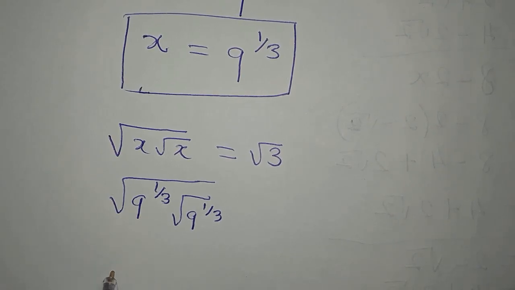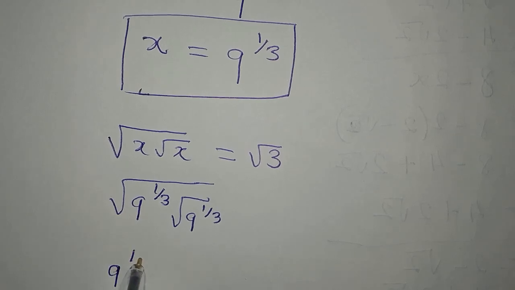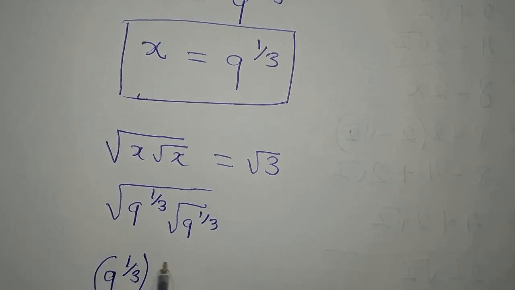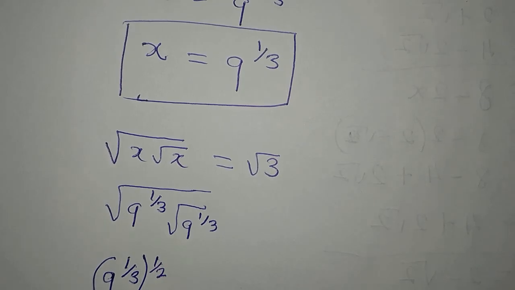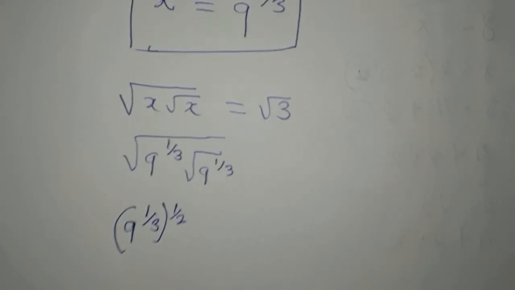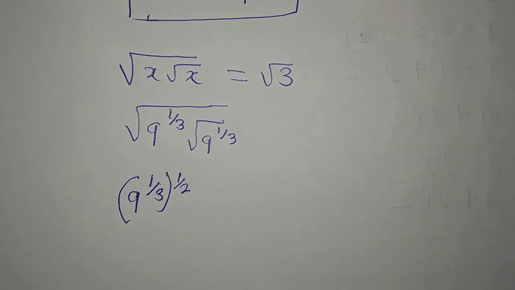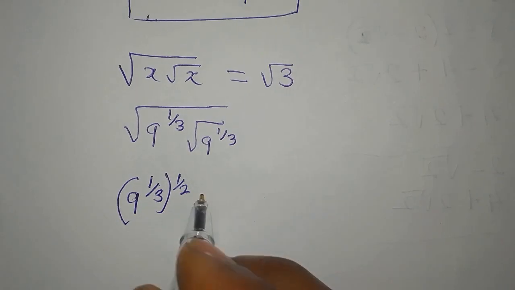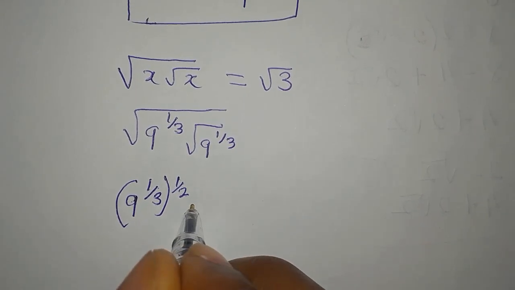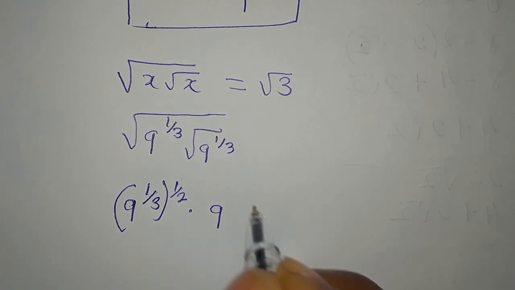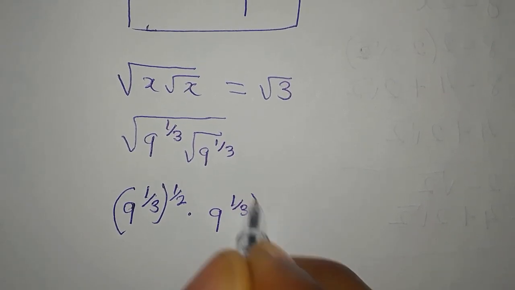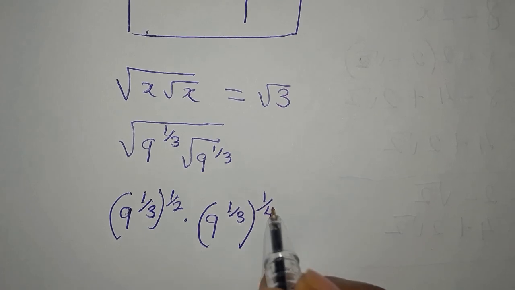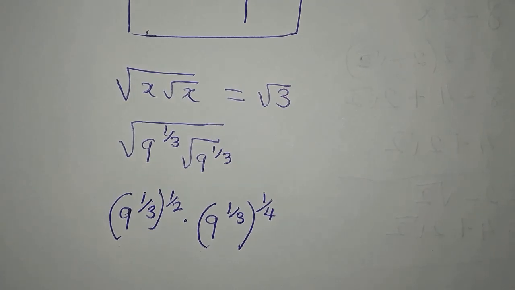Now this 9 to the power of 1 over 3 is under one square root sign, so we will raise this to 1 over 2, because any number to the power of 1 over 2 is the square root of the number. So this is for this. This is under 2 square root signs, so we'll multiply this by 9 to the power of 1 over 3, but the power now becomes 1 over 4 because of the 2 square root signs.